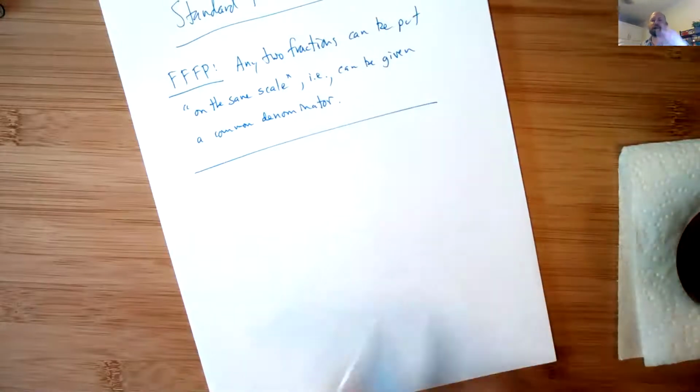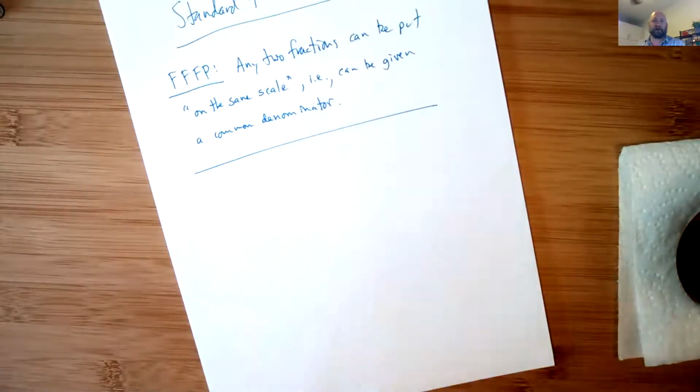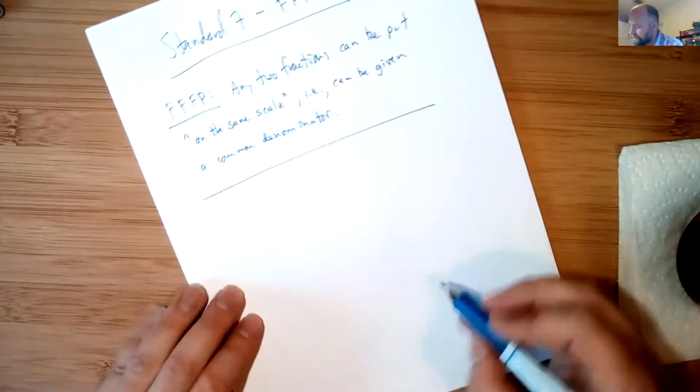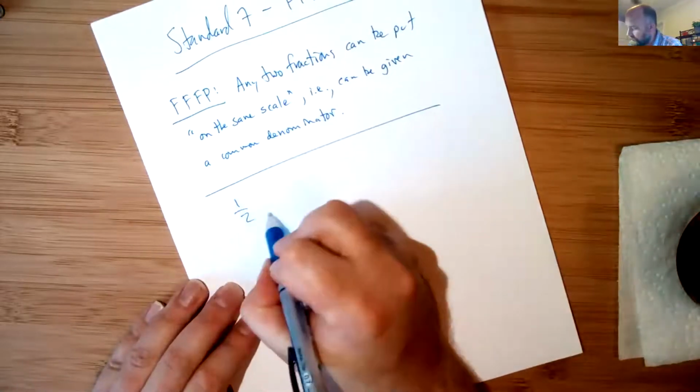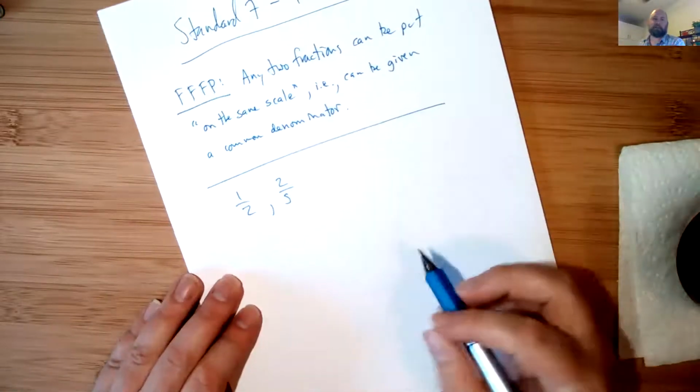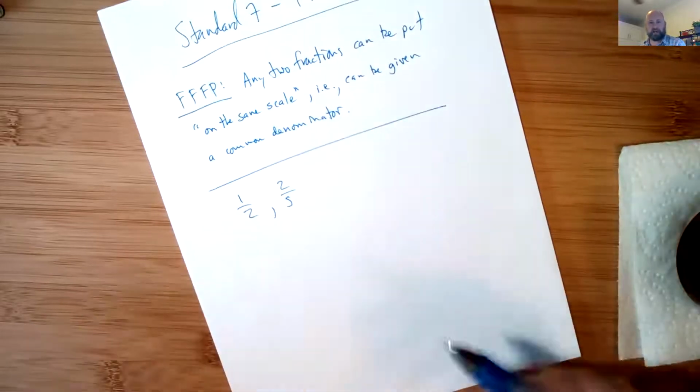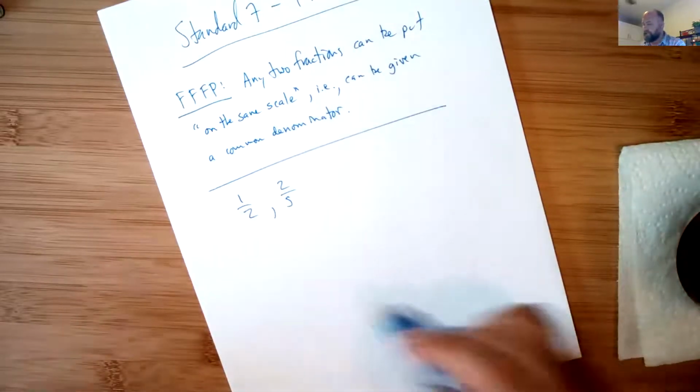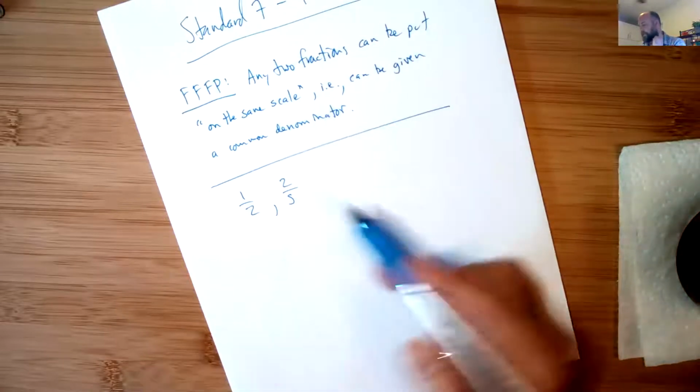And we can always use the product of the two denominators as the common denominator, right? 1/2 and 2/5. These can be put on the same scale. We will use 10, 2 times 5, as the denominator.